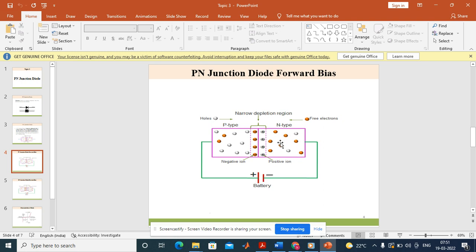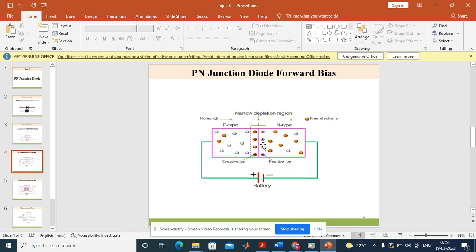Similarly, the electrons, which are the majority carriers in the n-type material, will get repelled by this negative terminal, and they move towards the depletion region, this junction. They try to cross the junction and get into the p-type material.